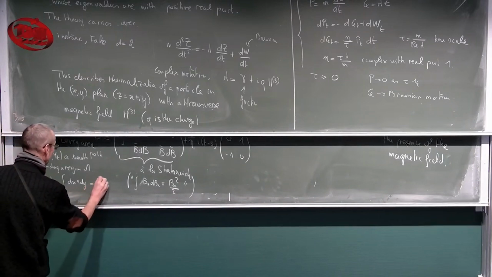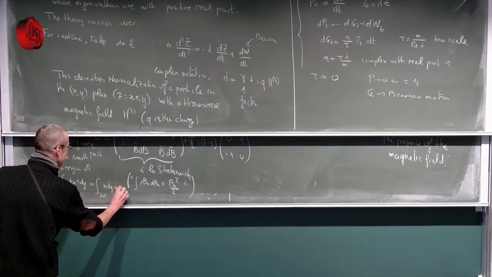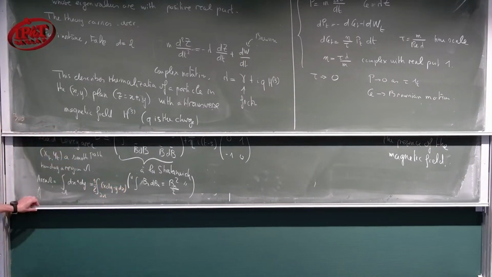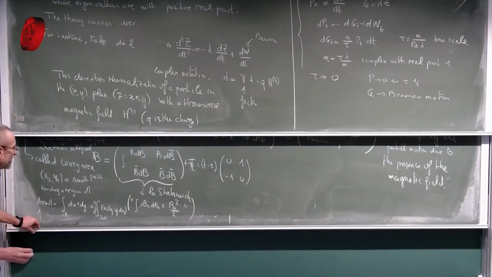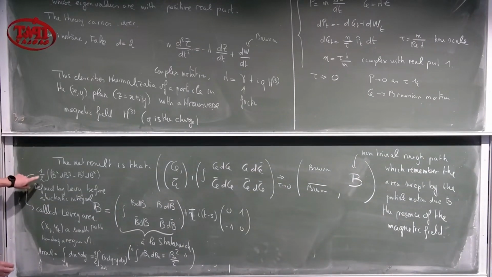But this is also the integral over the boundary of omega of x dy minus y dx with a 1/2. This is one of the standard formulae for areas. And this is just the translation for Brownian motion: the algebraic area that is spanned by two-dimensional Brownian motion.